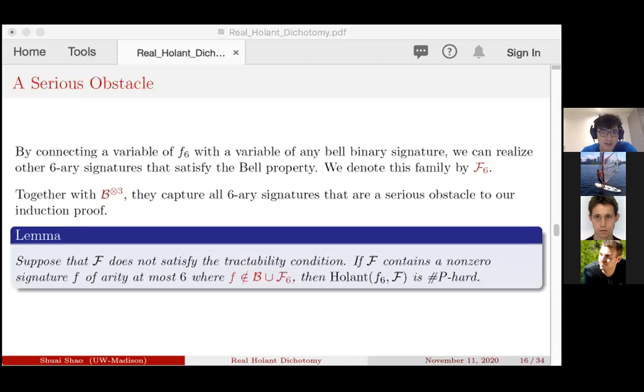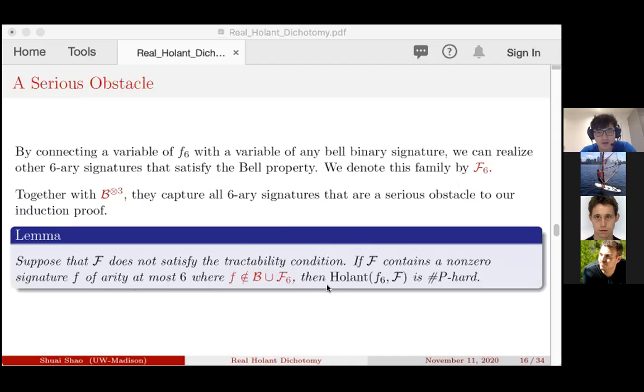We have the following lemma. Suppose that the signature set script F does not satisfy the tractability condition, and it contains a non-zero signature of arity at most 6. Suppose this signature is not a tensor product of Bell binary signatures, and it's not in this special family script F sub 6.